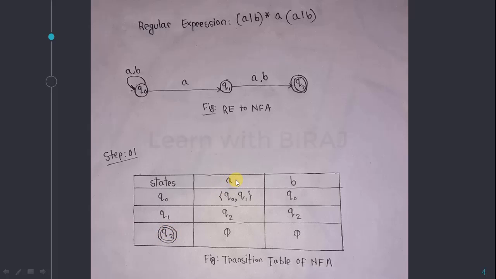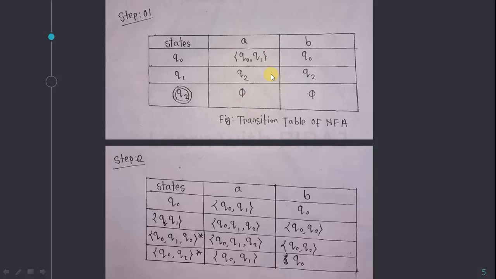Q2 with A input goes nowhere, and also with B input it goes nowhere. So here we write this empty set symbol. This indicates it goes nowhere, and this is the transition table of the NFA. In this slide we will do our next step.